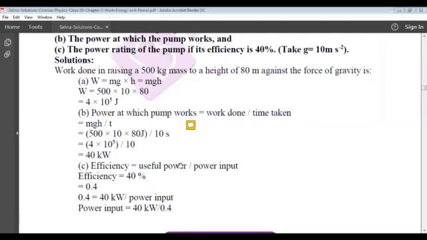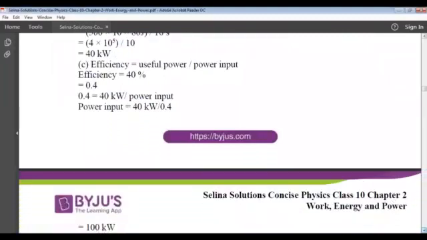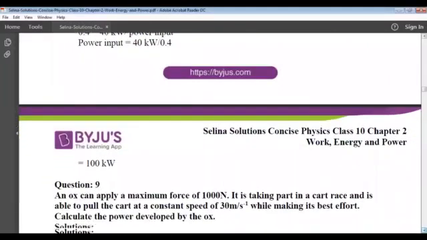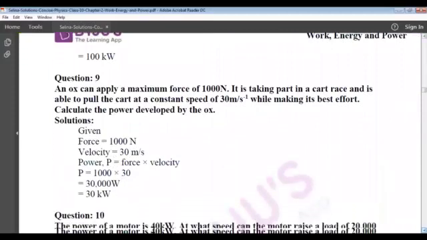So useful power is how much? 40 kilowatt. 40 kilowatt divided by power input. Okay, so power input is how much? 40 kilowatt divided by 0.4. It is equal to 100 kilowatt. Okay.